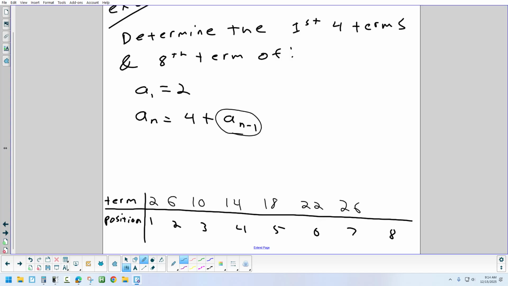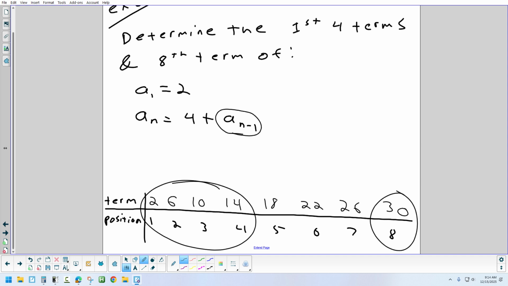But I think everything looks good. So what's the 8th term? 30. Okay. So here's the first 4 and the 8th. Okay. Any questions on that?